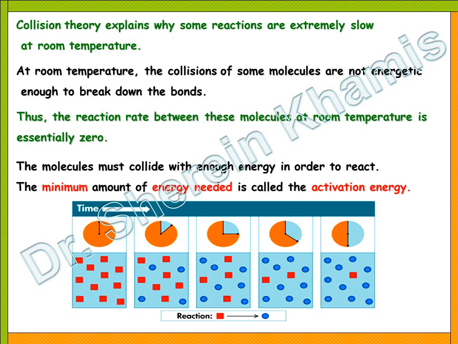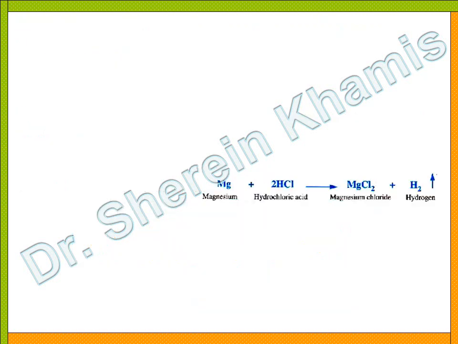So the molecules must collide with enough energy in order to react, and the minimum amount of energy needed is called the activation energy. I want to make the reaction happen, so at room temperature it will not happen, so I will give it some activation energy to make the reaction.